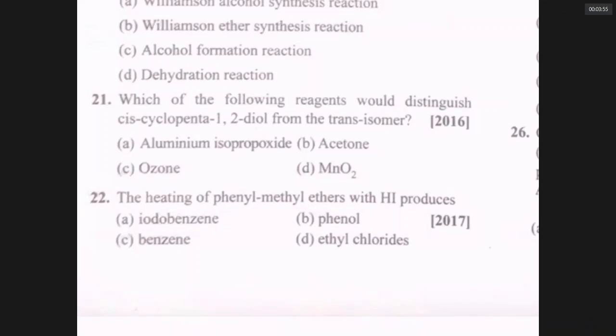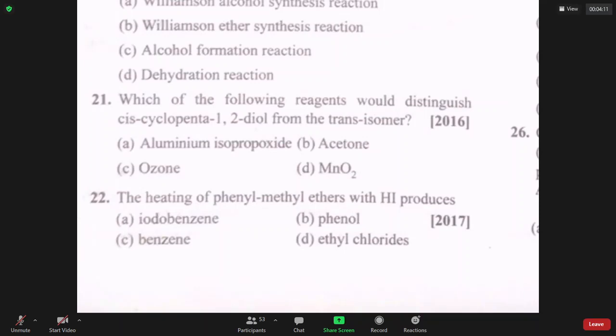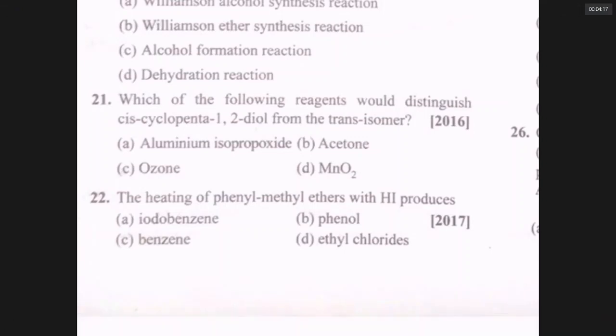The heating of phenyl methyl ethers with HI produce. Can you guess what is the answer, sir? Whenever a phenyl methyl ether is heated with HI, the CO bond of phenol cannot be broken. Therefore, you get phenoxide ion, which takes H plus to give phenol. And methyl group will take the iodine to give methyl iodide. It will not break in any other way.